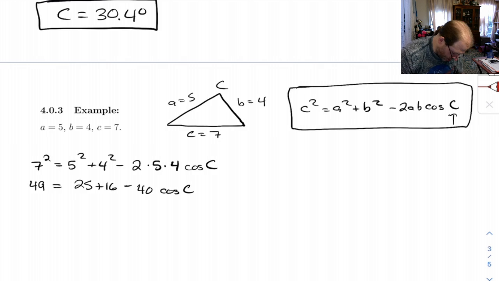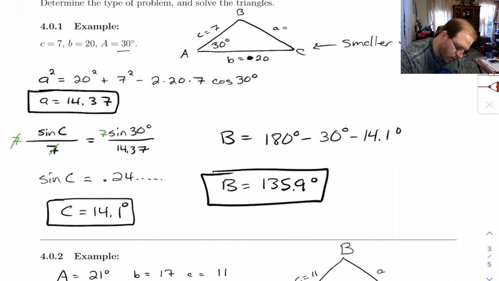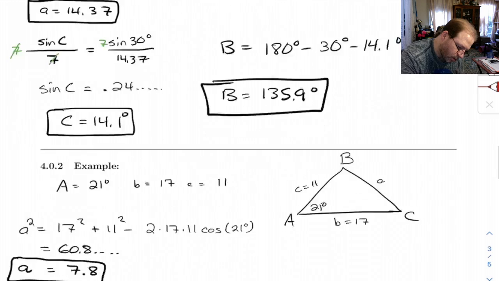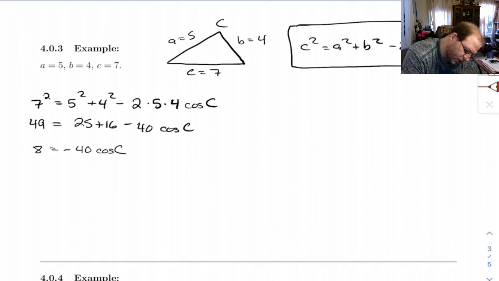So 49 minus 25 minus 16. Yeah, that gives me 8 is equal to minus 40 cosine C. All right, so cosine C is 8 over negative 40.